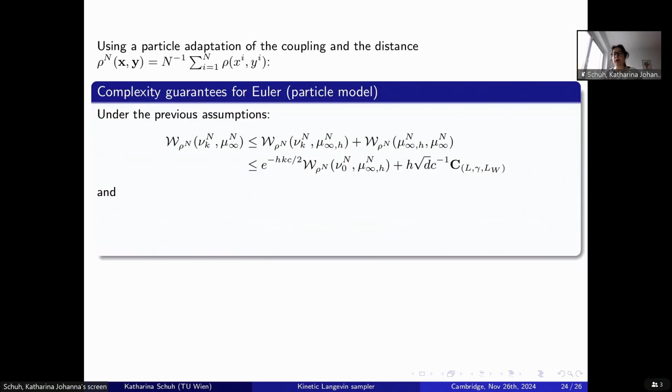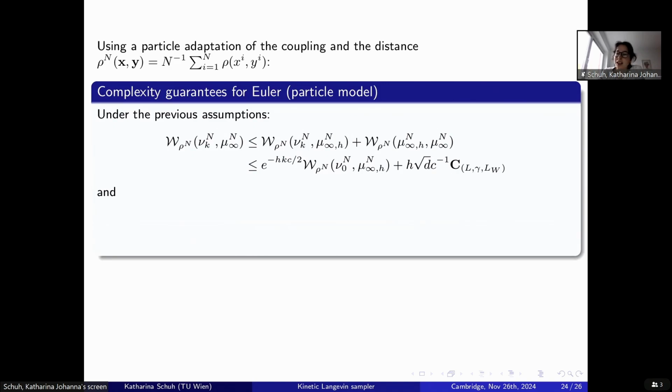Namely, we can do this by the Euler discretization, or also by the UBU scheme. And so if we now run the Euler discretization of the particle system with n particles and want to compare it to the law mu infinity n, so the target measure, then we can split it up using the triangle inequality, adding here the mu infinity n, which is the invariant measure of the particle model.